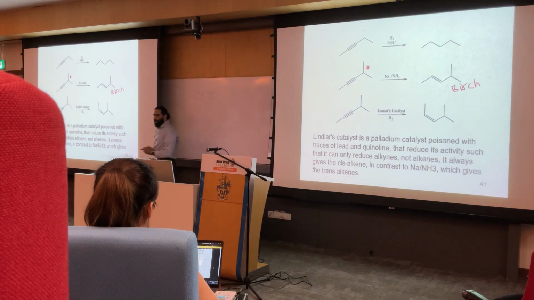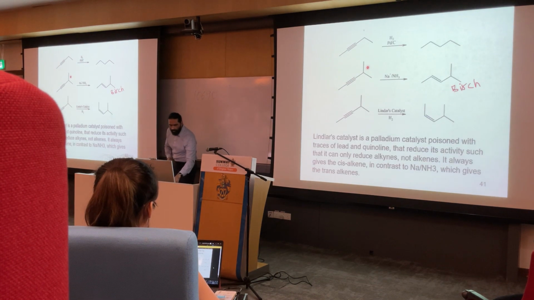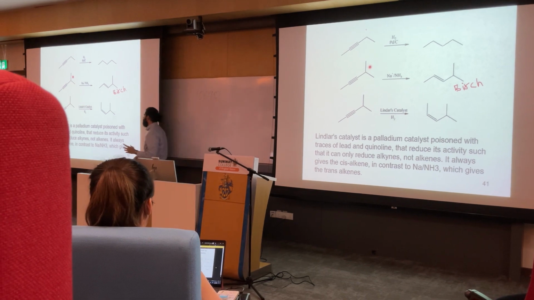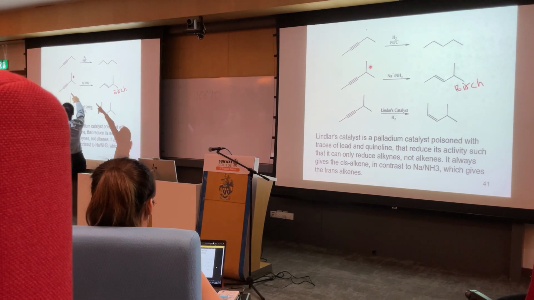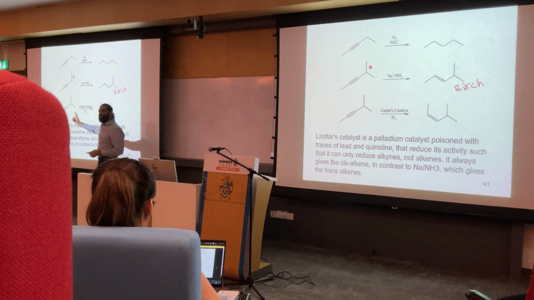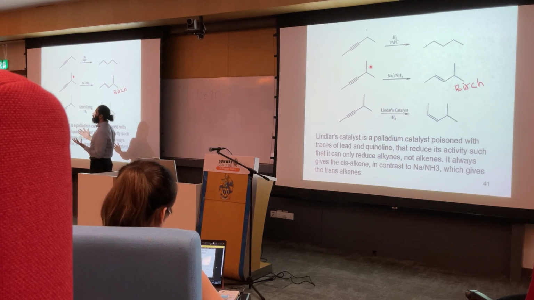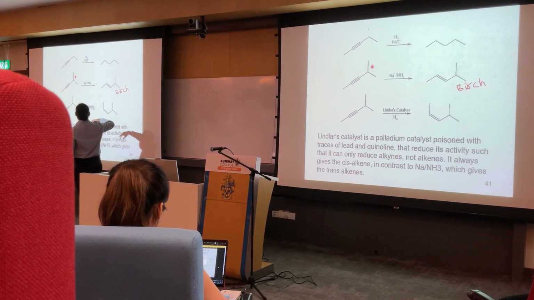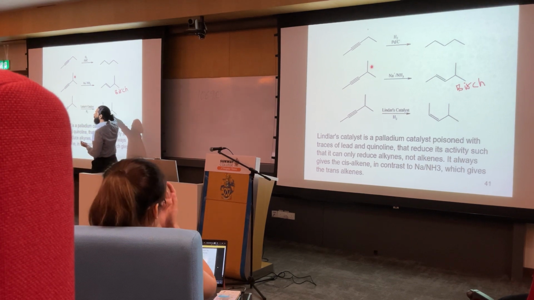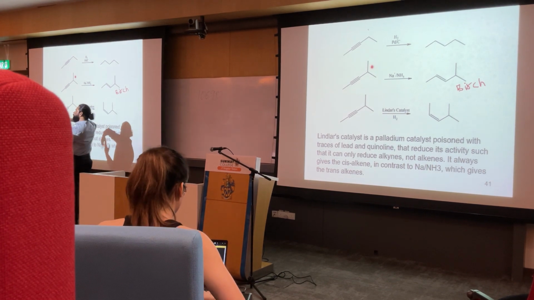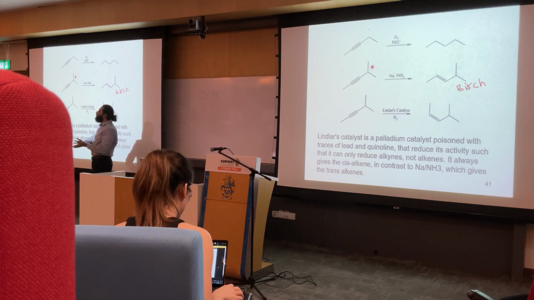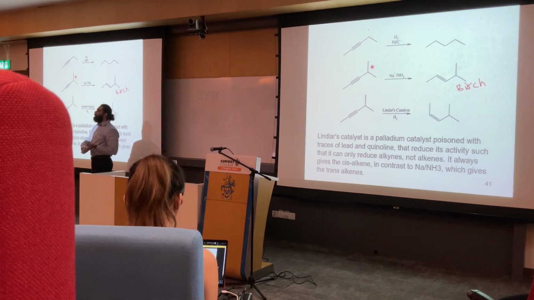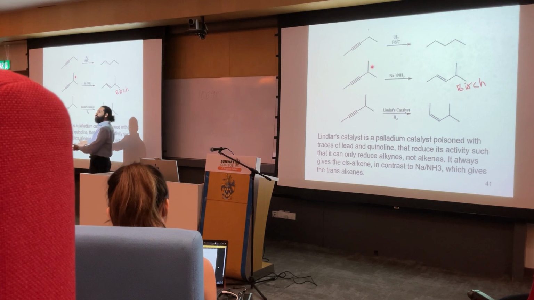Right. What are the reactions of alkynes? So alkynes can be converted into alkenes. This is a reaction that we have already seen. All you have to do is put hydrogen with the alkyne and it will be converted into alkane. If you want to stop the reaction at this point, because that reaction is happening two times, first the alkyne is converted into alkene, and then the alkene converts into alkane.